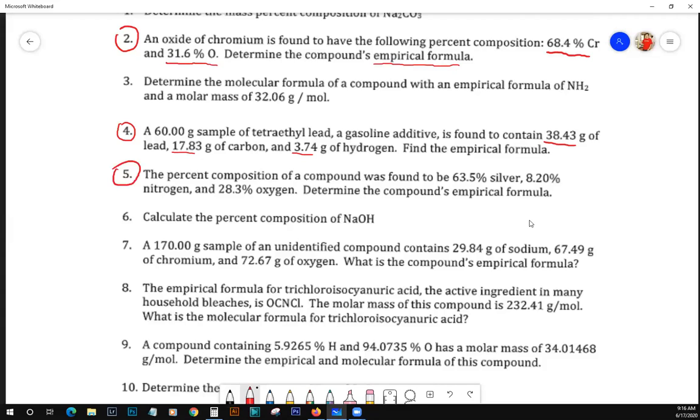So has anyone already figured it out? Who needs one more minute to work on this?